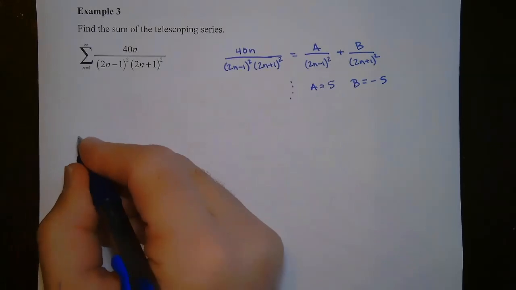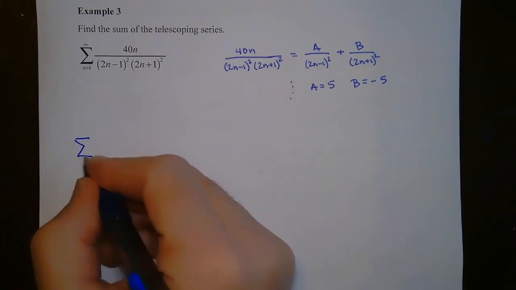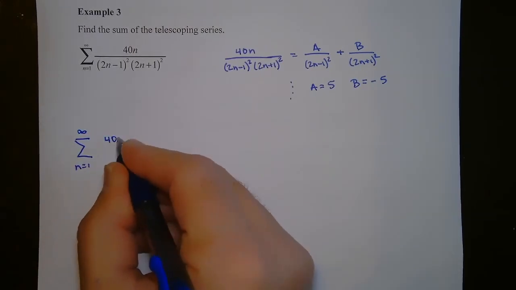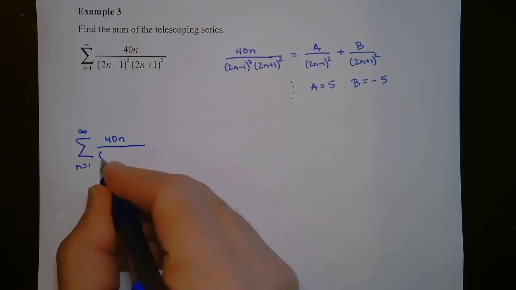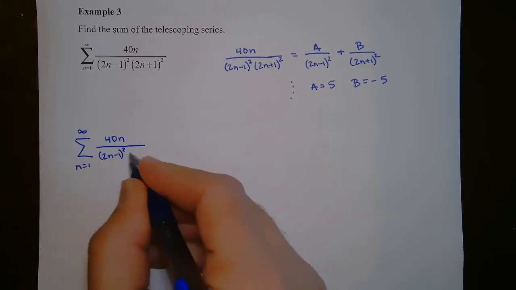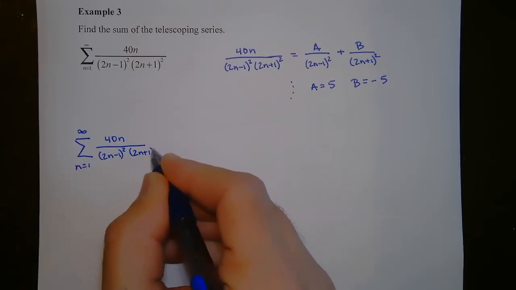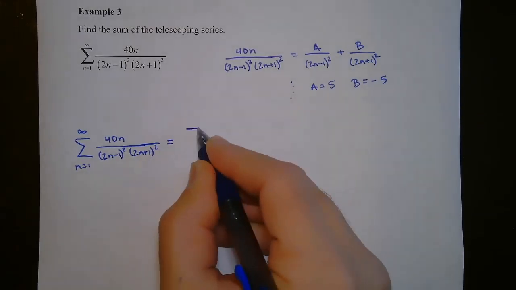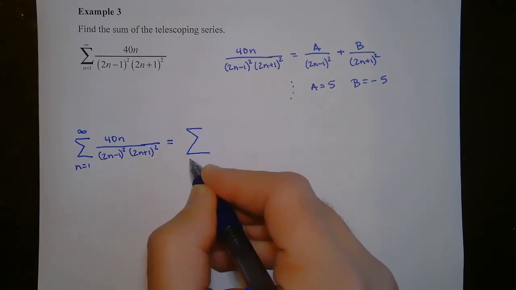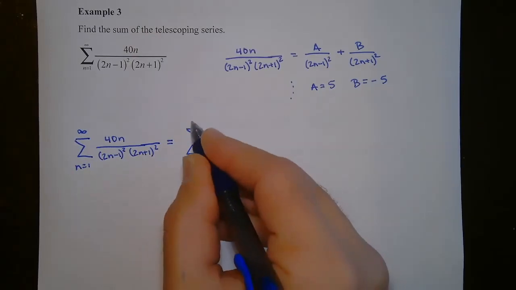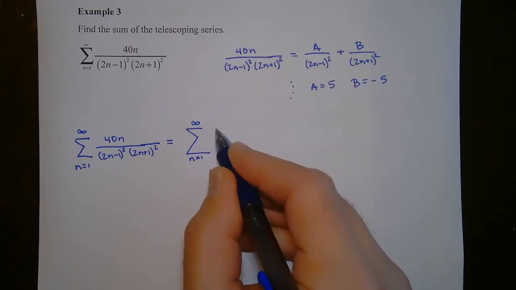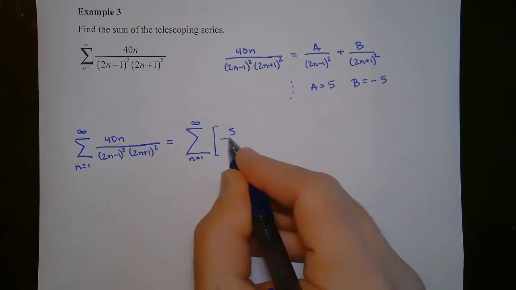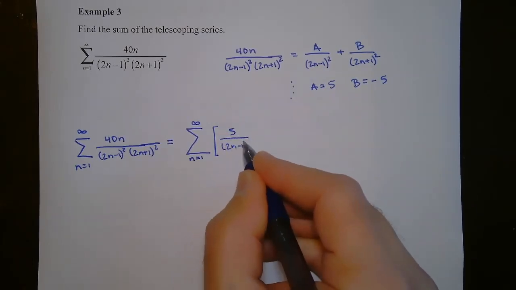The series sigma n equals 1 to infinity of 40n over (2n minus 1) squared times (2n plus 1) squared, extending my fraction bar a little bit there, would equal sigma n equals 1 to infinity of, my a is 5, so that would be 5 over (2n minus 1) squared.